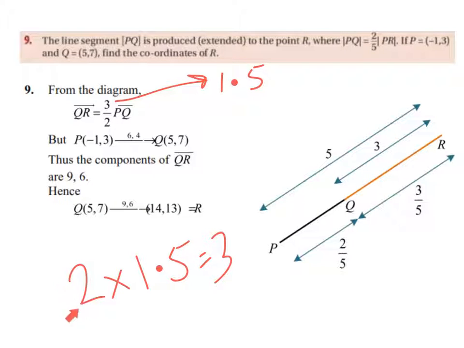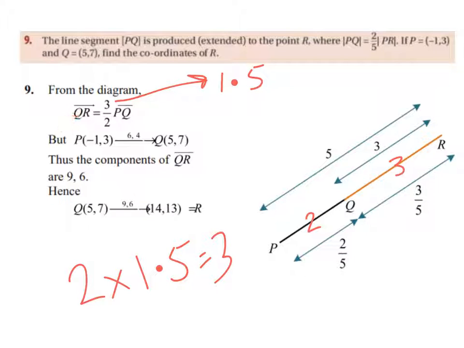And 2 multiplied by 1.5, so 1.5 times 2, is 3. So 2 multiplied by 1.5 gives us 3.